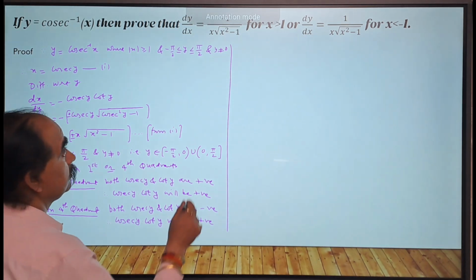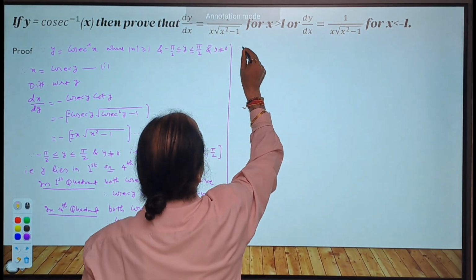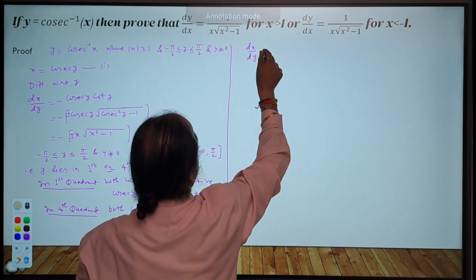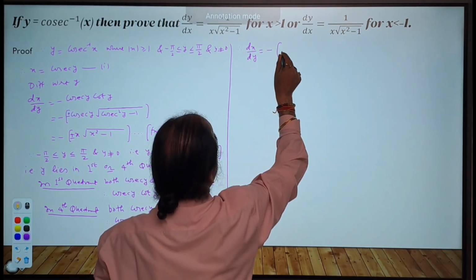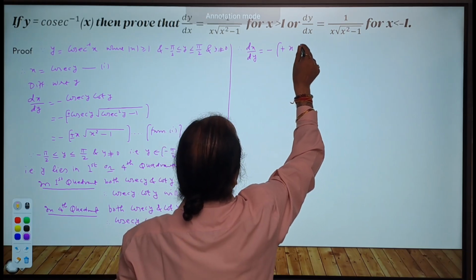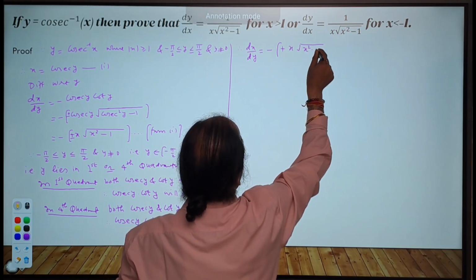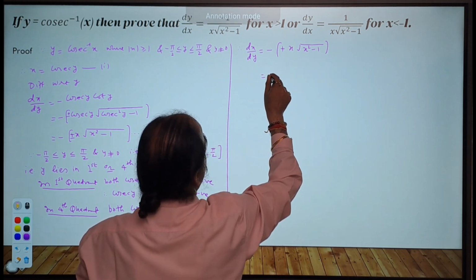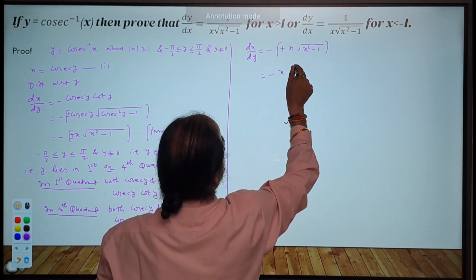Therefore, dx by dy is what? Outside is negative. This will be positive. Minus x root x square minus 1.